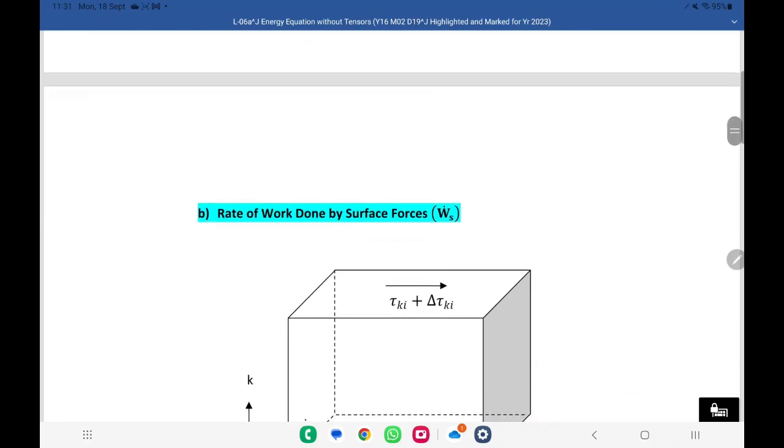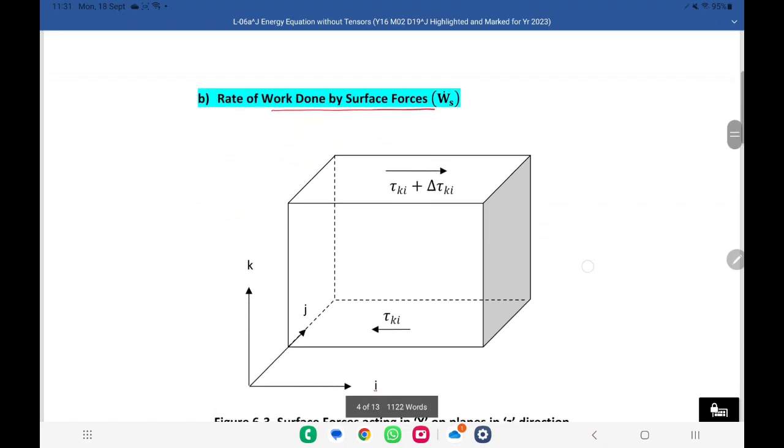Now rate of work done by surface forces. Now what we are doing, we are taking only 2 forces, and we know there are 2, 2, 4 and 2, 6. 6 of them are there. So in X direction, these are the 2 we are taking, and we are talking about the plane only in k direction.